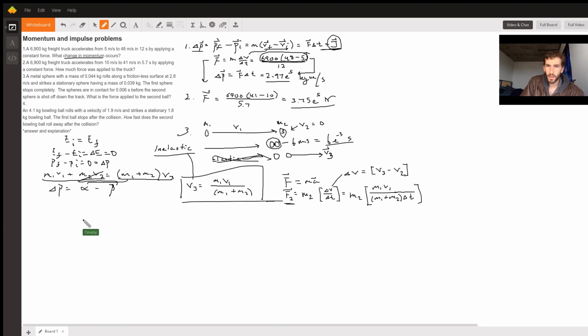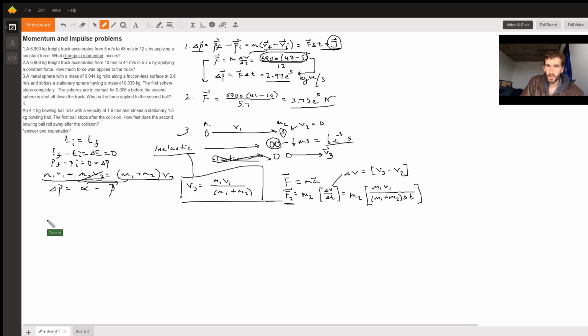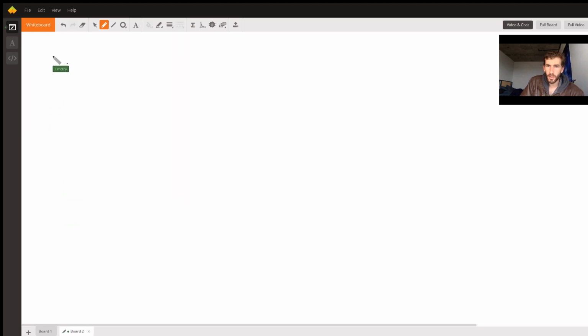All right, and then number 3 is actually going to be easier. Let's add another board here. So for 4, let's go back here. It's basically talking about a perfectly elastic collision. So this is actually easier than 3. So for an elastic collision, all of the momentum from the first ball is entering all of the momentum from the second ball.